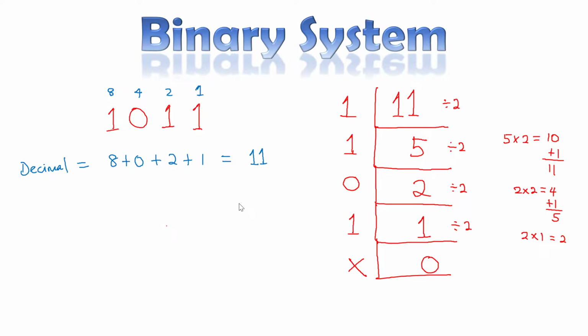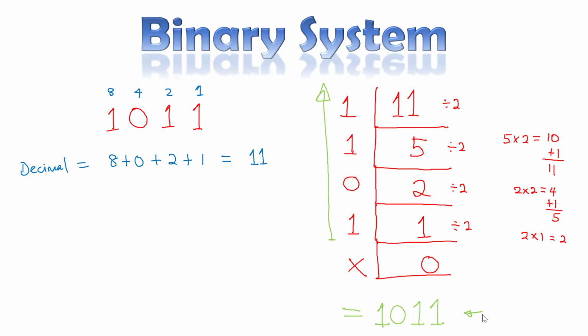What you do now is read from the bottom upwards, so that you would read 1011. So this conversion from 11 in the decimal system to the binary system gives you 1011. So remember to read from the bottom to the top, and then you get the number in the binary system.